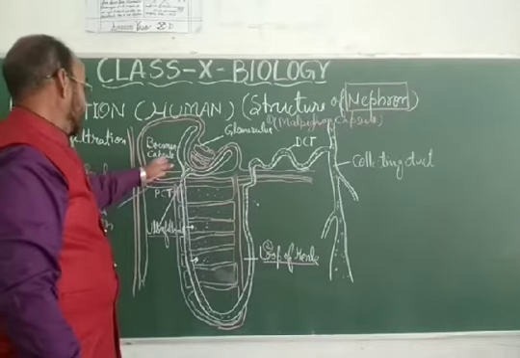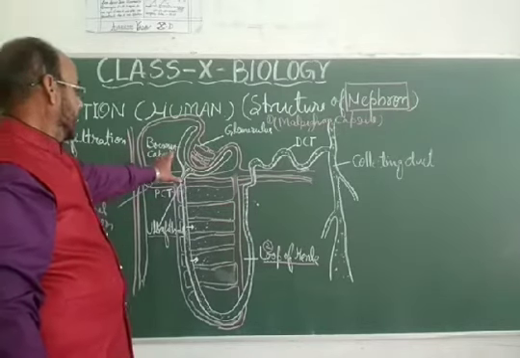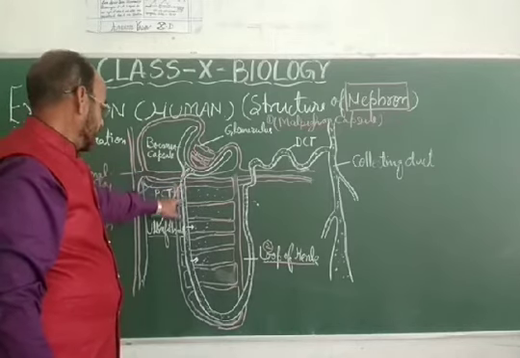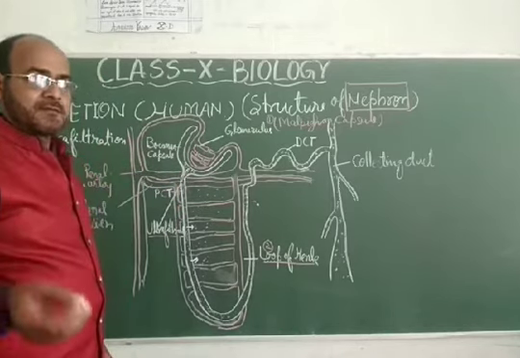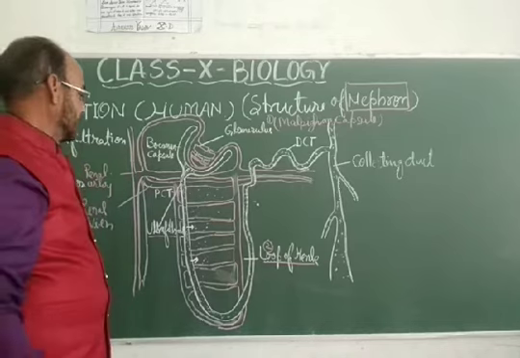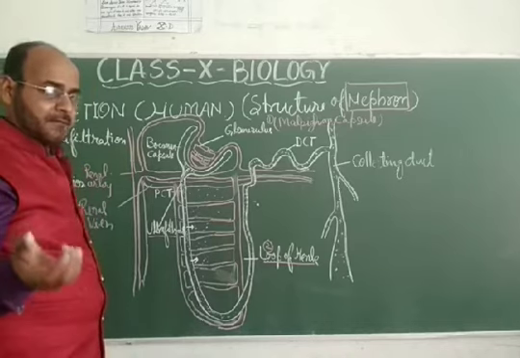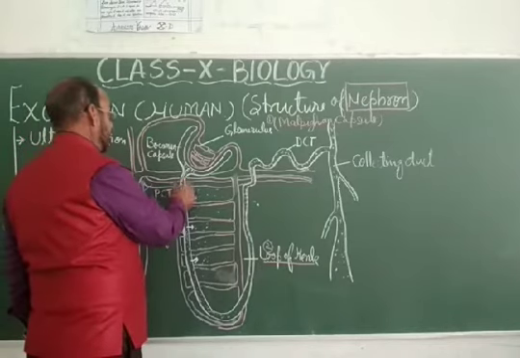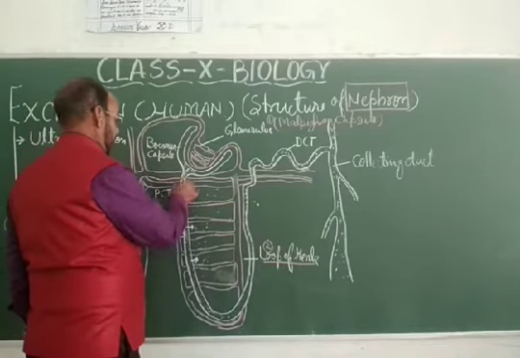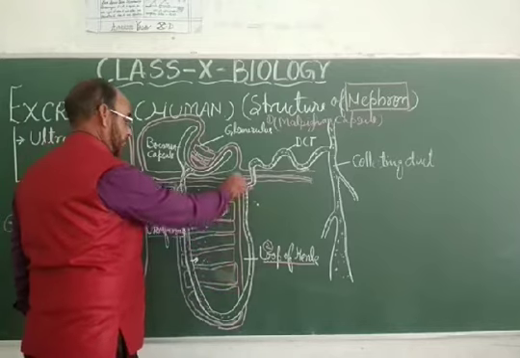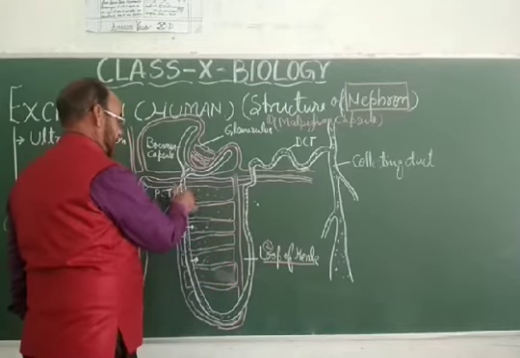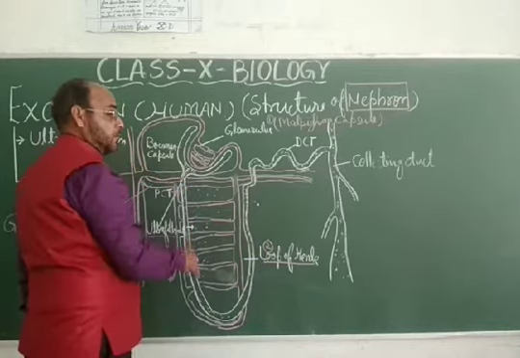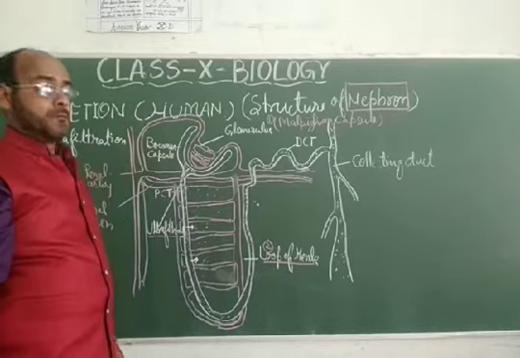After the ultrafiltration in the first part of the nephron, the content like nitrogenous waste, essential amino acids, glucose, and several inorganic ions run into the loop-like structure that is called the loop of Henle, which is made up of secretory tubules.